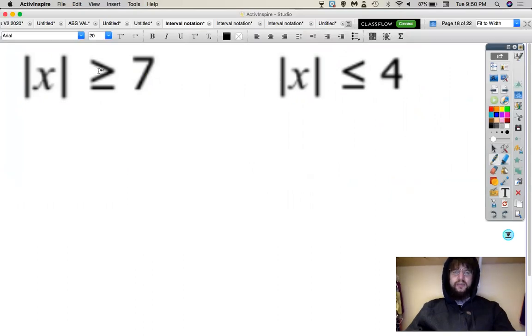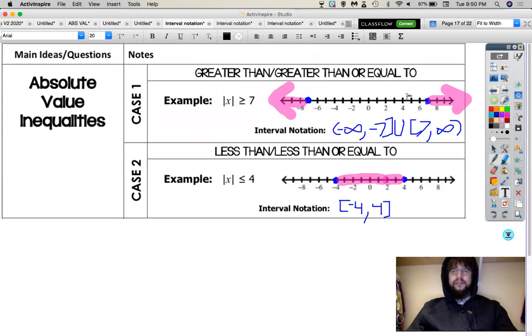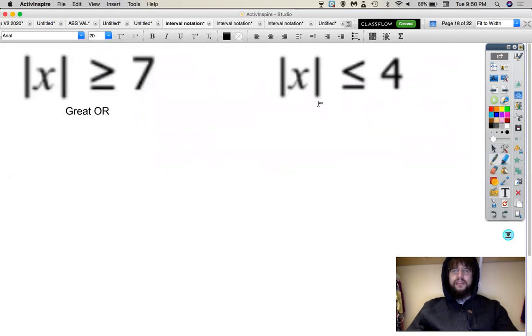Let's look at this symbol. Whenever we're dealing with absolute value, read the symbol as "great-or." So if I have a greater than symbol, it's going to split it up. It's going to be an or compound inequality like this. If I got this one, that's a less than.